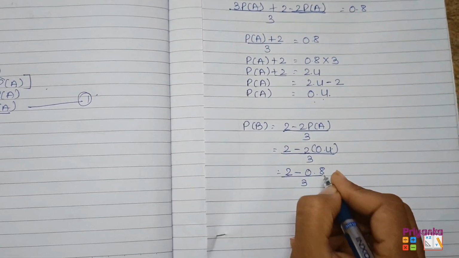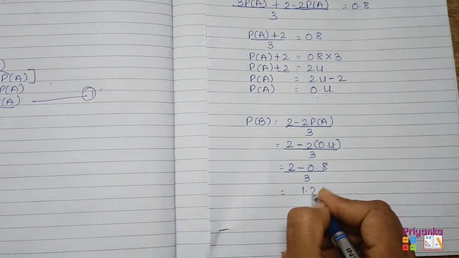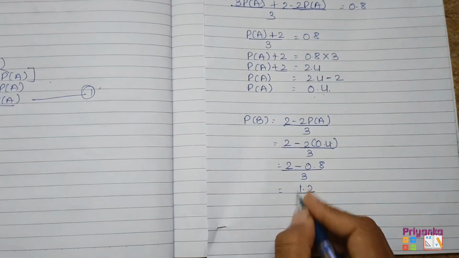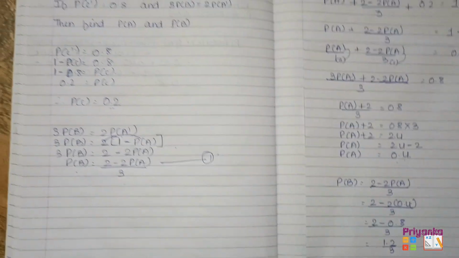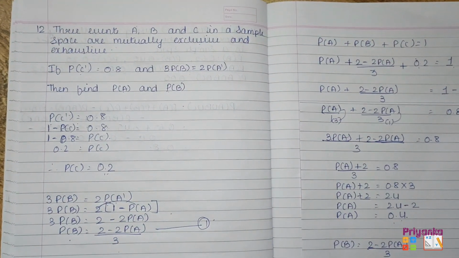Divided by 3. 2 minus 0.8, you will get 1.2 upon 3, and if you divide them, you will get 0.4. Here we complete exercise 1.3. Moving to the next.